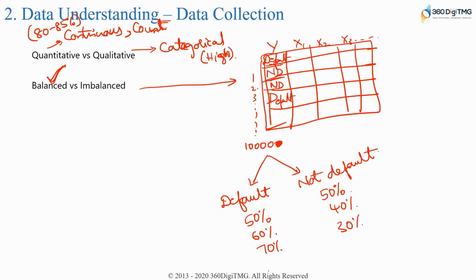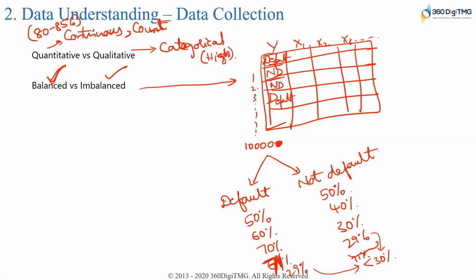Research says that if one of the classes, here not default, is less than 30%, it could be something like 29% here or 71% here, doesn't matter. If one of the classes is less than 30%, you say that data set is an imbalanced data set.